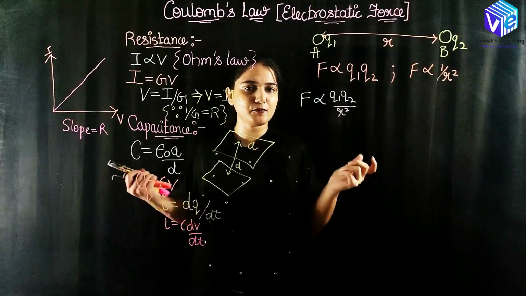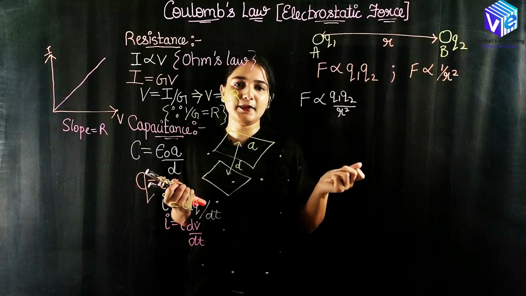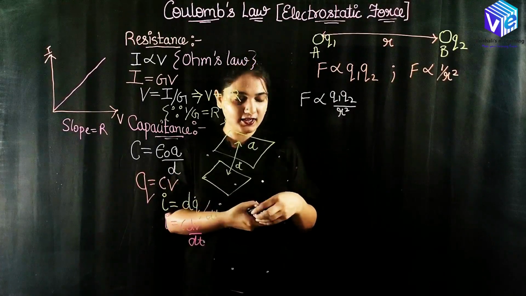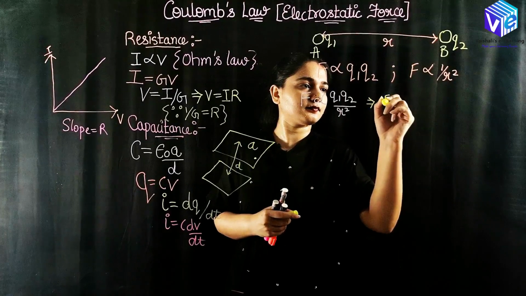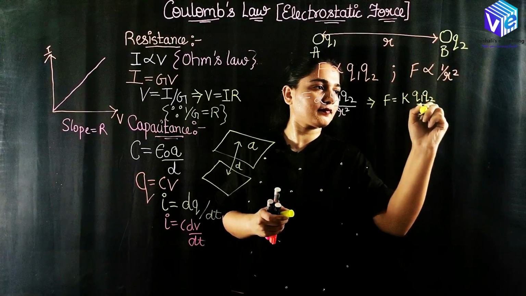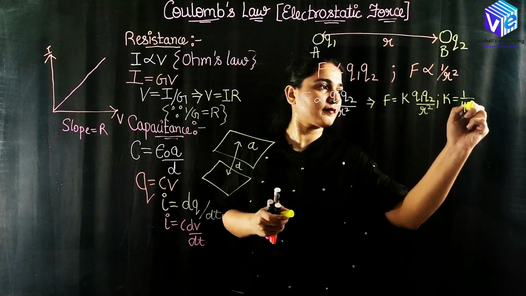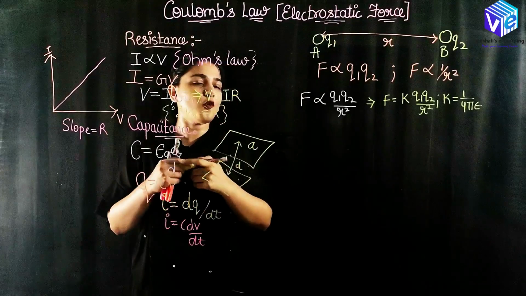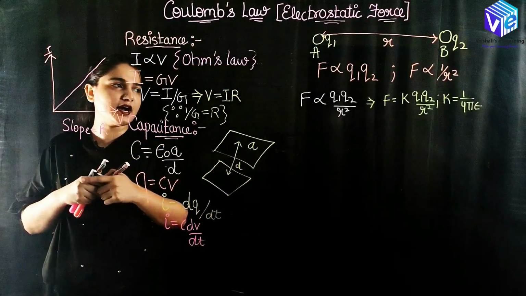Here also we have a proportional sign. If I want to remove this proportional sign, I will need a proportionality constant. So let me write it. Force is equal to K Q1 Q2 upon r square.